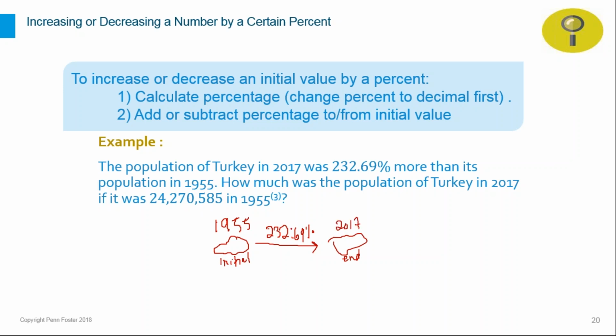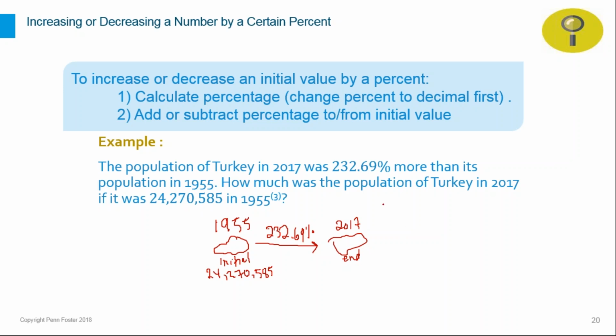What I need to do is apply this percent to the base, which is the 24 million. Find the percentage of increase, and add this to this number to get you to the end population in 2017. This is the frame of our work. So let's do that in math.